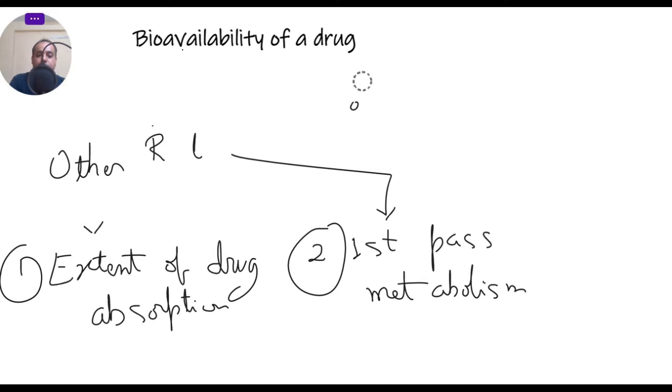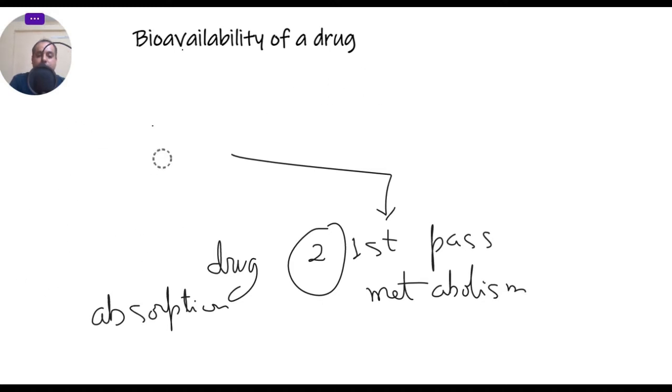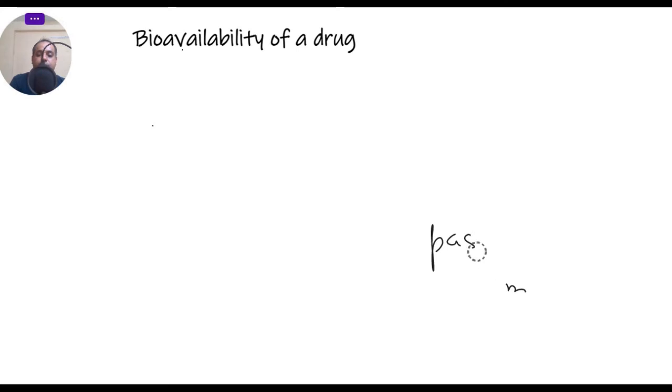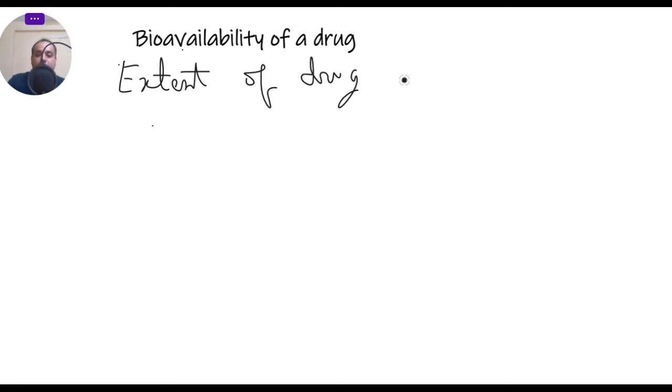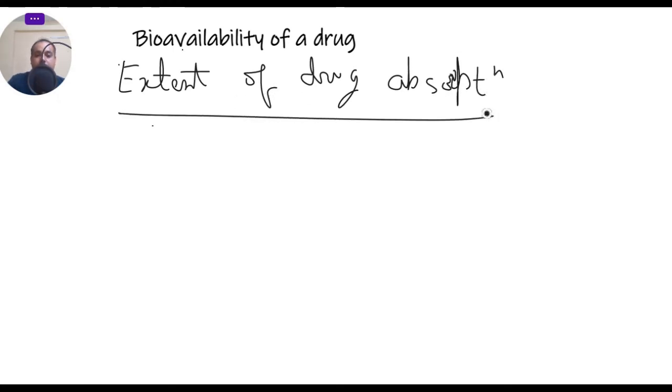So now let us deal with these two things. The first point that we have to discuss is the extent of drug absorption, right? We are going to discuss the extent of drug absorption. Now, let us suppose we are giving a drug by the oral route, right?